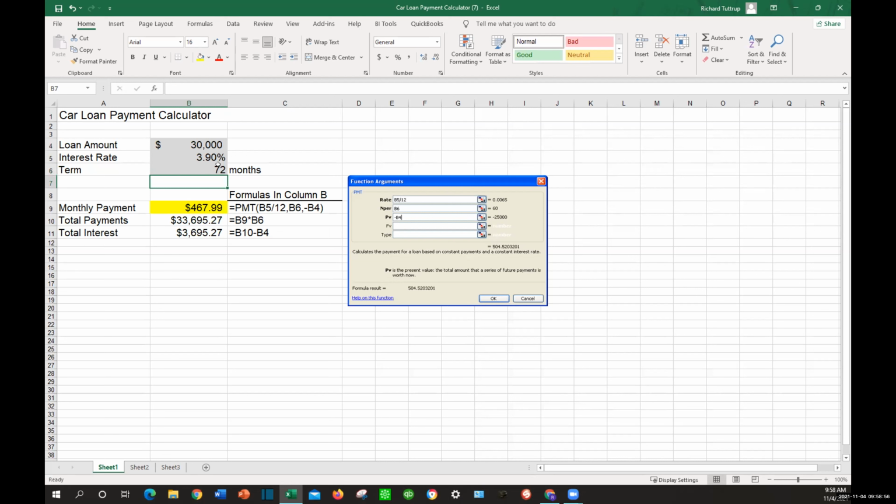That's a little more manageable. Over 72 months, your monthly payment is going to be $467. And this also tells you how much all your payments are going to be, the total payments. And it'll also show you how much this is costing you in interest over the life of that loan, right?